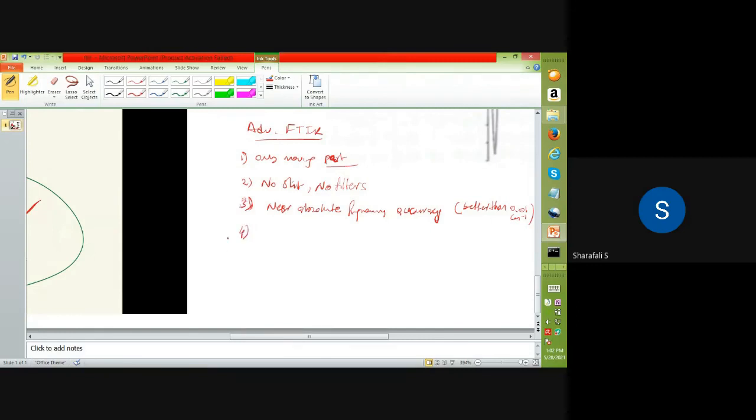And the fourth one is that the signal to noise ratio is the same, as in the case of the dispersive spectrometer.